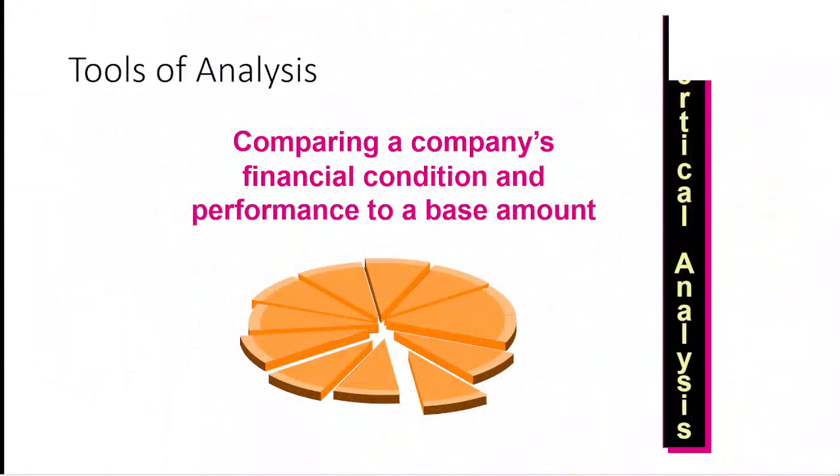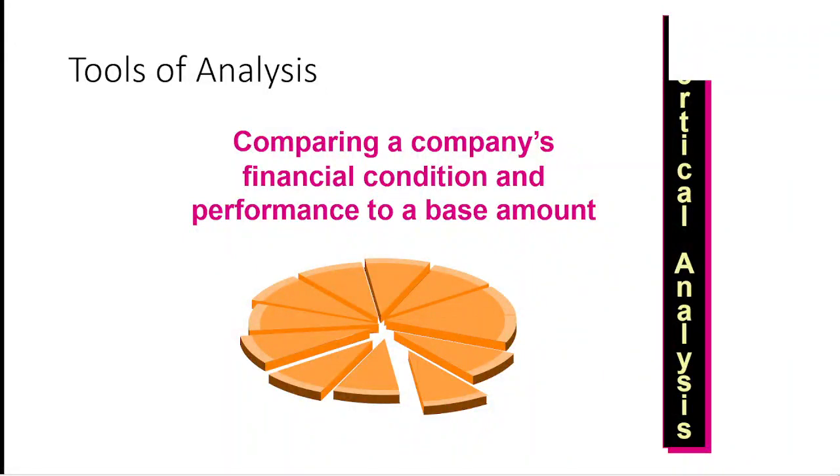Then the second thing is vertical analysis. As it says, it goes from top to the bottom. So how do we do that? It is done by comparing a company's financial condition to a base amount, and that base amount usually is the total revenue of the company for profits, and total assets for the balance sheet.